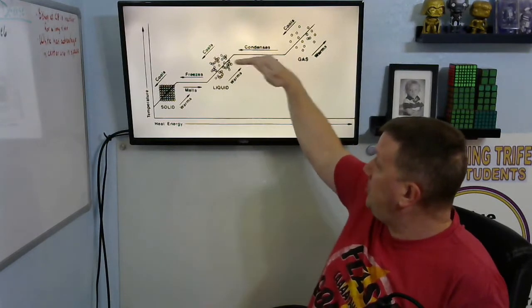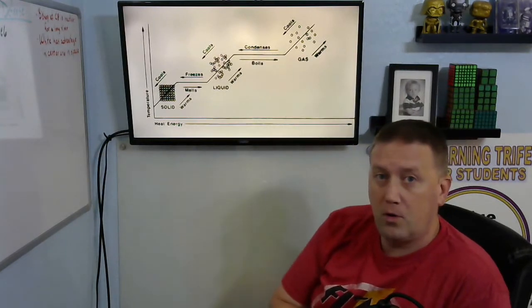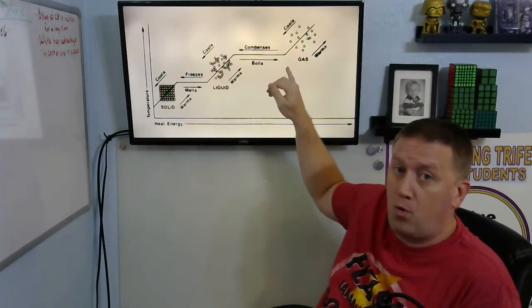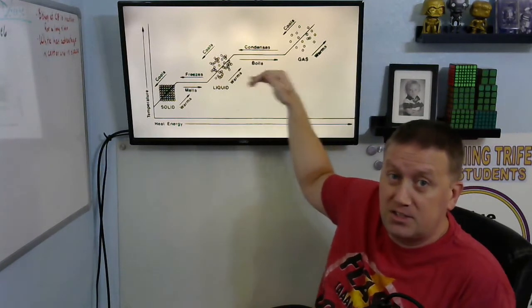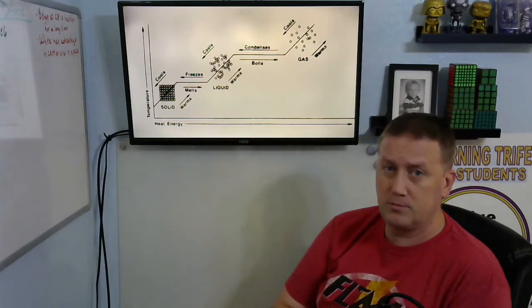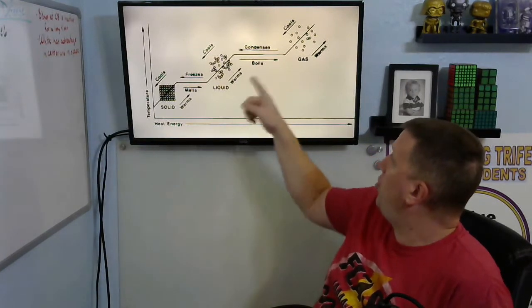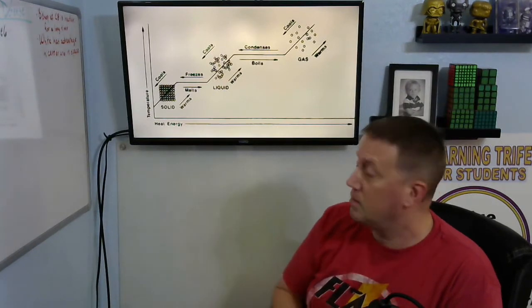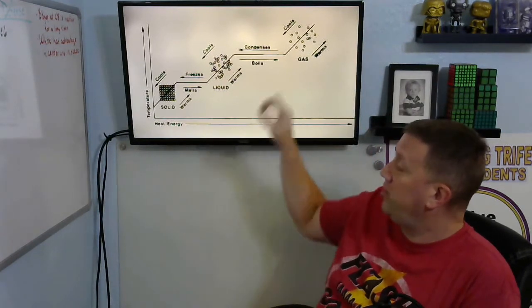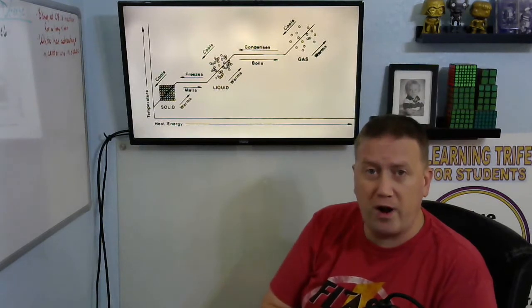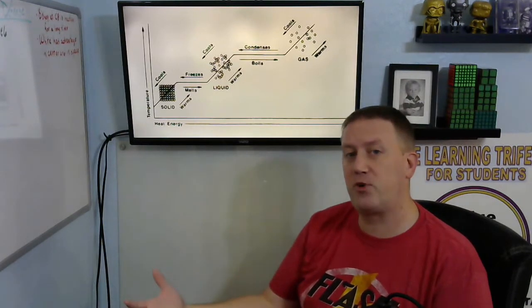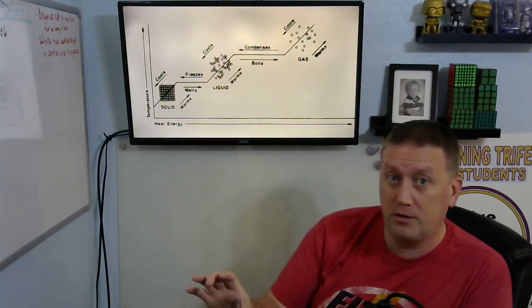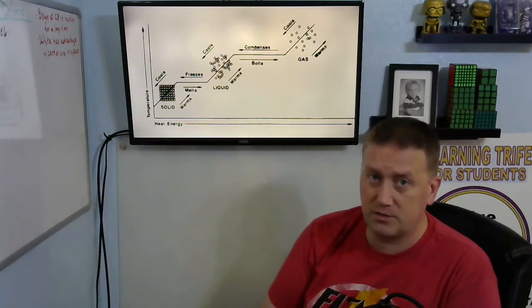We have that plateau as the liquid boils or as the gas condenses. Boiling is the same as evaporation. So the boiling point is where water begins to evaporate into water vapor. That liquid evaporates into a gas.